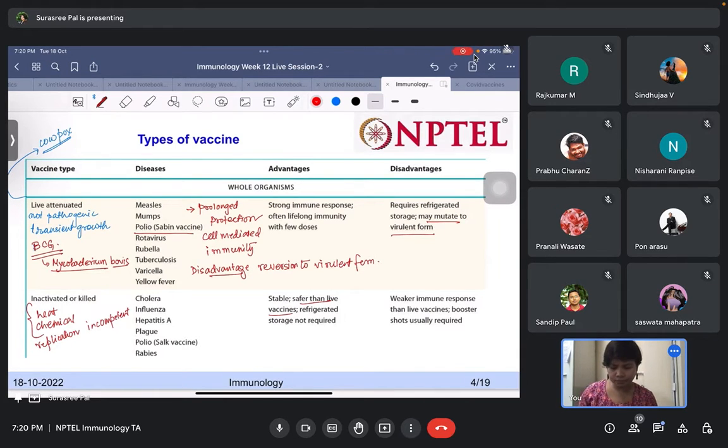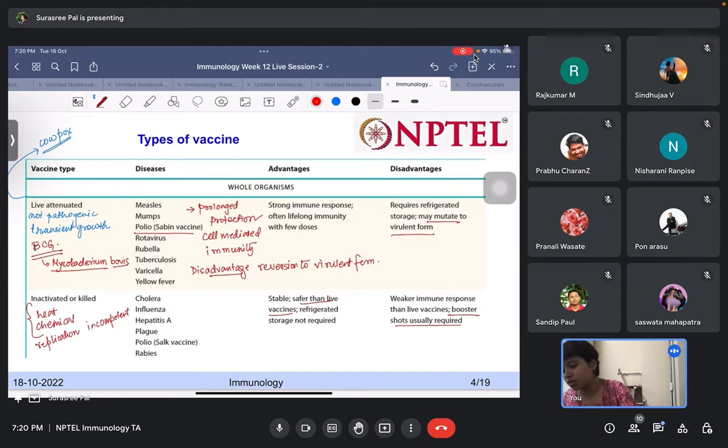One more thing is that the inactivated killed vaccines may require repeated boosters. Booster shots are usually required, and because they do not replicate in the host, these killed vaccines do not produce any cell mediated response.